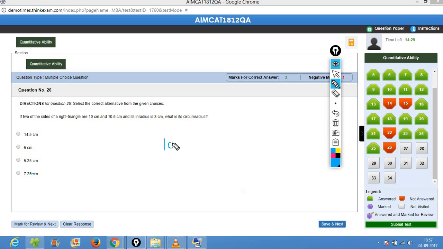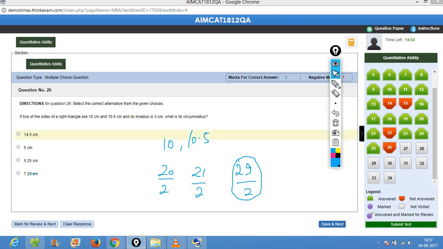So let's see, 10 and 10.5. Let's try to make them whole numbers. You can write it as 20 upon 2 and 21 upon 2. Yeah, 20, 21 and 29 is a Pythagorean triplet. So the hypotenuse has to be 14.5. So the circumradius has to be 7.25. So an easier one.